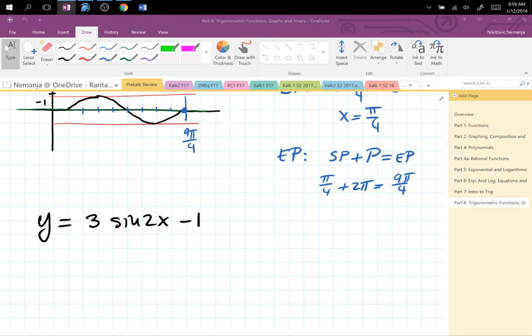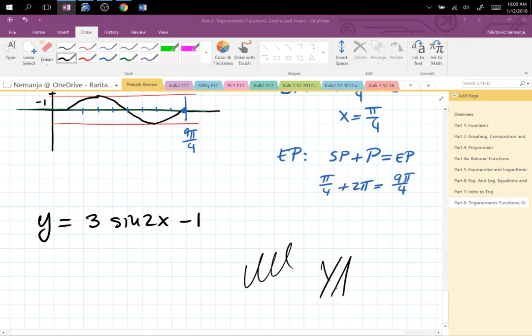I guess it's time to change the battery. New battery. There we go.